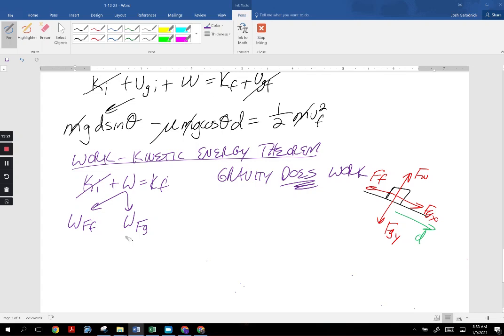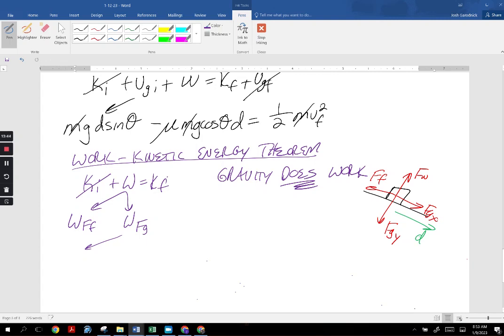I want you to see this. I should have done this in a different order, so I'm gonna do this one first. The force of gravity is mg. Well, excuse me. The force of gravity that's doing work is not FGY, because FGY is perpendicular to the direction of motion, so it's not doing any work. FG parallel is doing work on the system over a distance d.